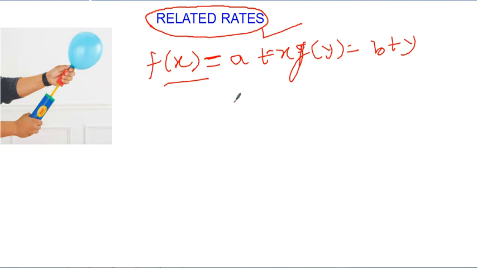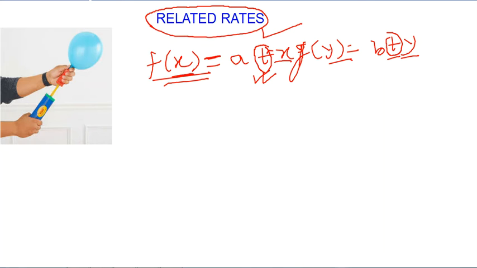Suppose these two functions are there, and f depends on x and g depends on y, and there is another variable, which is t. So they both depend on t. So these can be related with the help of this also.